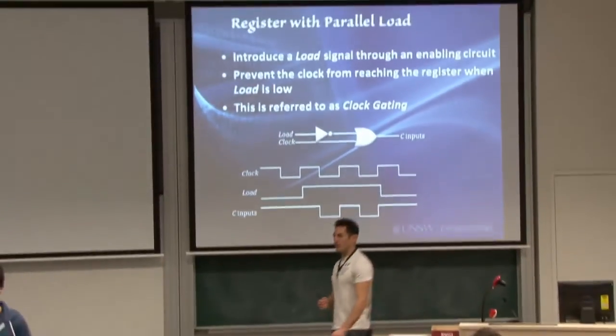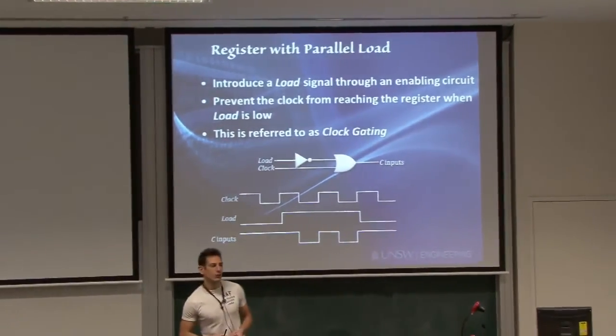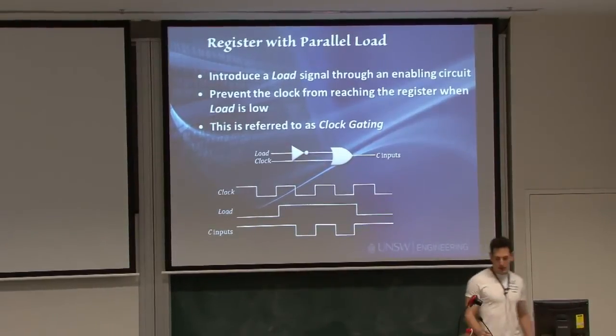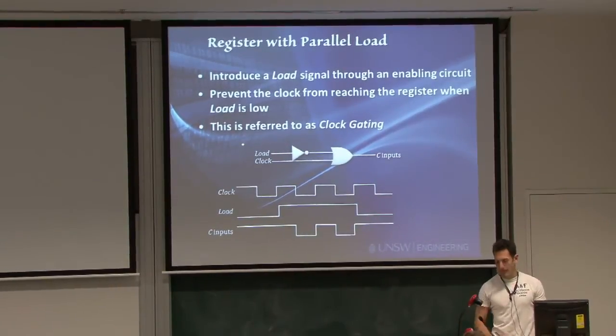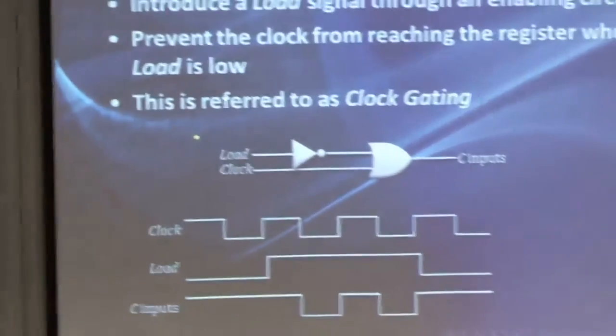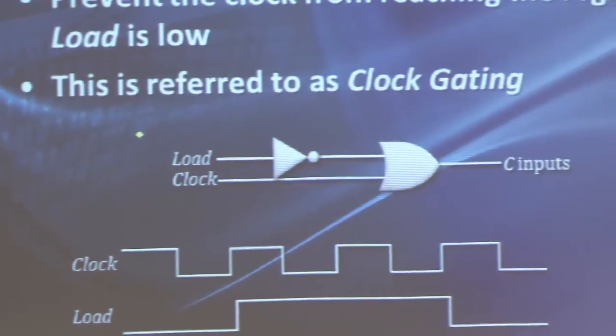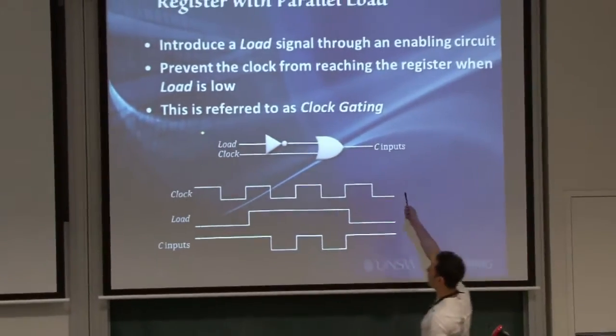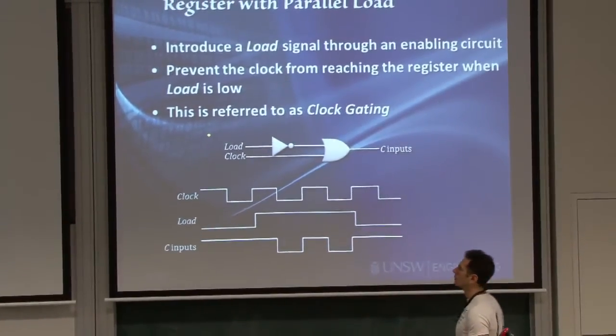Alright. So one way of doing this is to prevent the clock from actually getting into the flip-flop, or essentially adding an enable signal into my clock. If you look at the circuit, and we did talk about enabling circuits before, this side, the output, will just be connected to our regular clock.